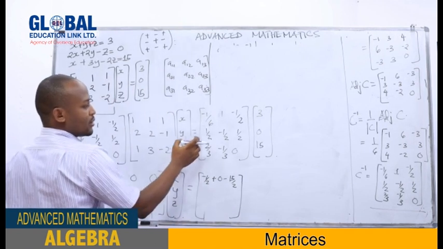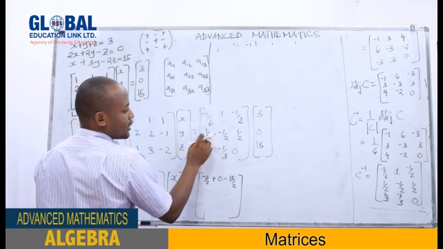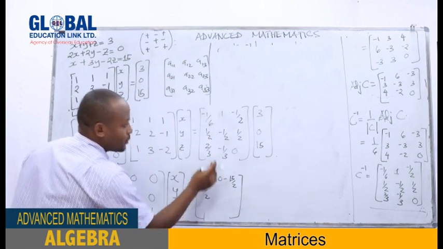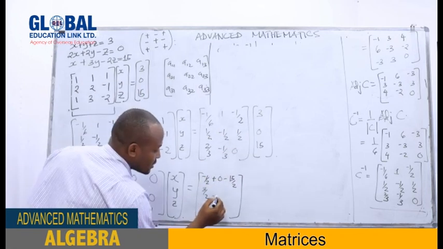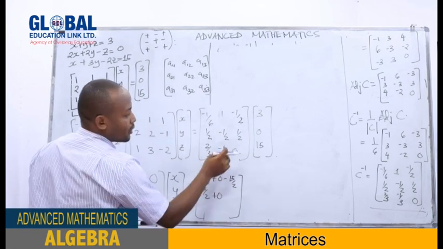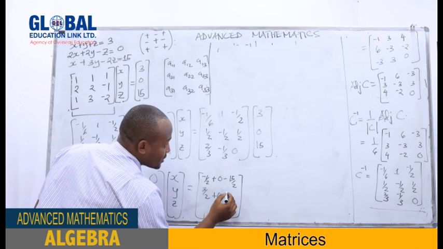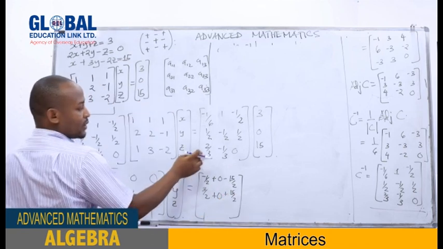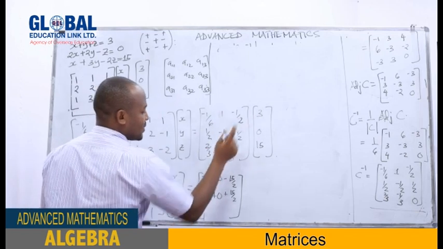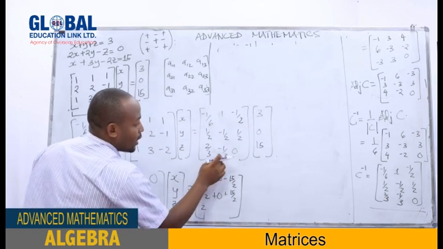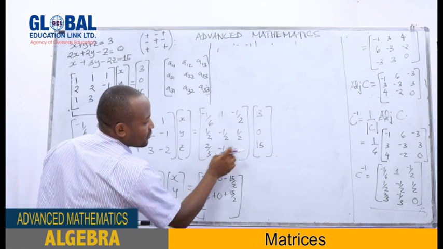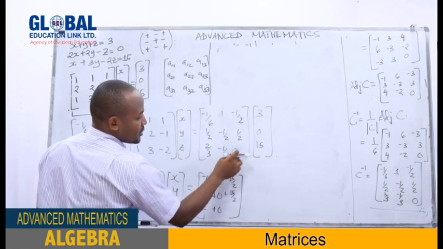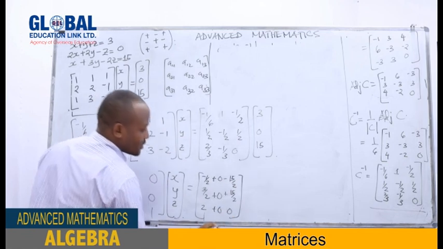And coming to the second, a half times 3 is 3 over 2. A half times 0 is plus 0, and a half times 15 is positive 15 over 2, and 2 over 3 times 3 is 2. Negative 1 over 3 times 0 is 0, and 0 times 15 is 0.